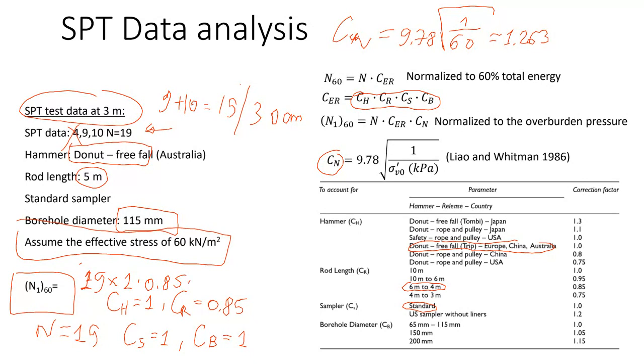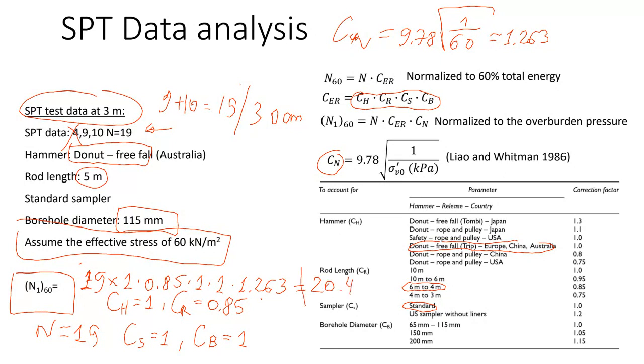Then we have again times 1, then another 1. And finally, we'll normalize to the overburden pressure. We multiply by 1.263. And according to my notes, it's going to be 20.4.